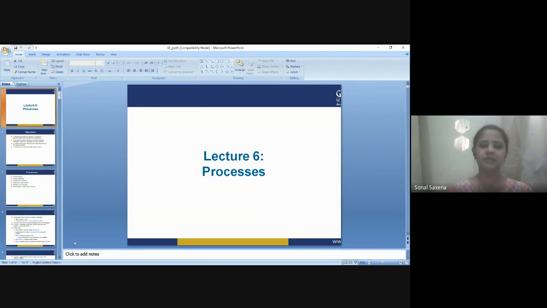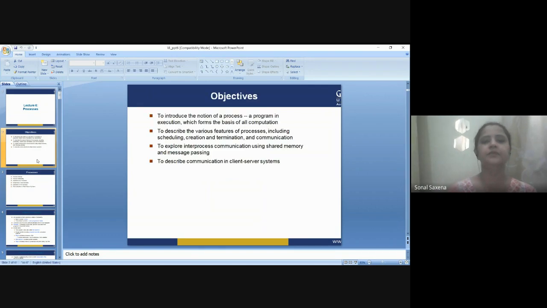So today in this lecture, these are the objectives that I'm going to cover. My objectives would be to introduce the notion of a process. What is basically a process? What are the concepts of this process? Then I'm going to explain the various features of these processes.